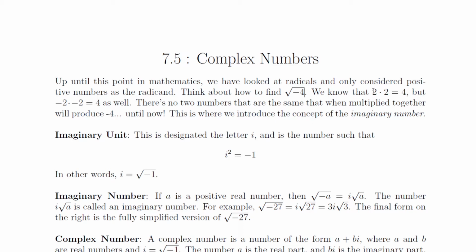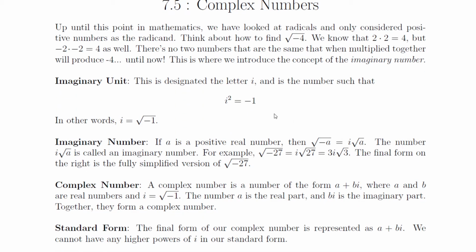The reason why is because 2 times 2 is equal to 4, but if you did minus 2 times minus 2, you get positive 4 again. So that's a problem. There are no two numbers that are the same that, when multiplied together, will give you a minus 4. But there is. This is where the idea of an imaginary number comes in.